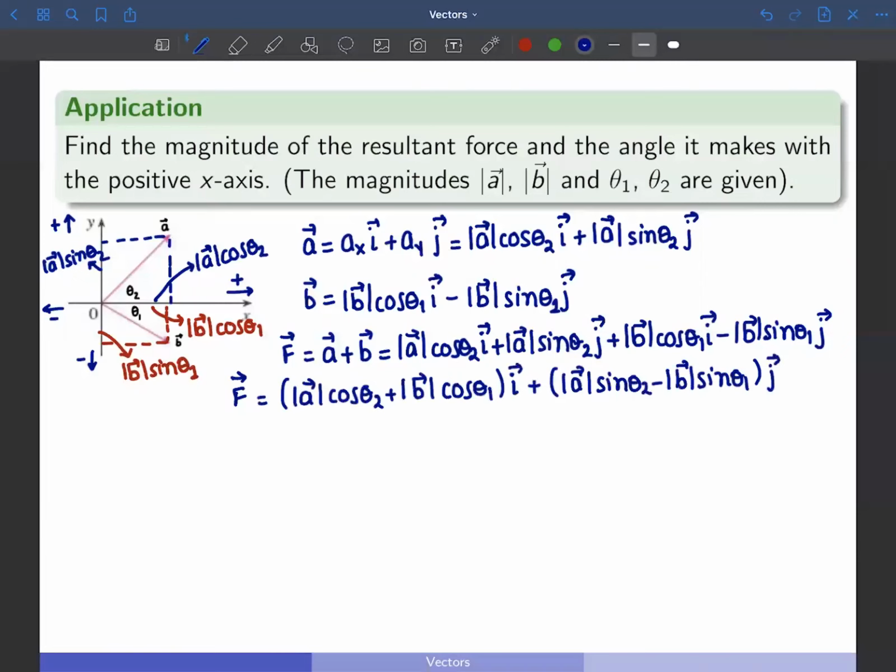Therefore, the resultant force vector F capital can be analyzed in its x and y component. Let's call the x component Fx and the y component Fy. Therefore, the magnitude of the resultant force vector F capital will be equal to the square root of Fx squared plus Fy squared.